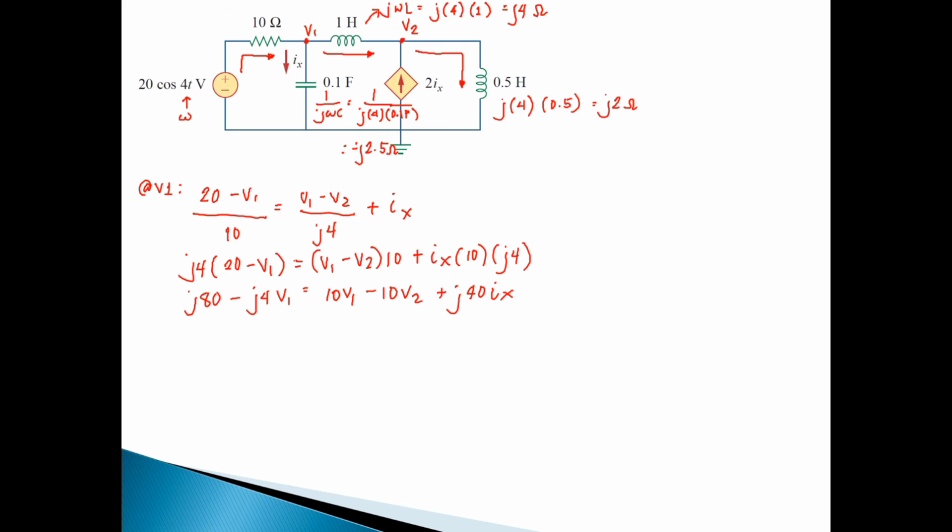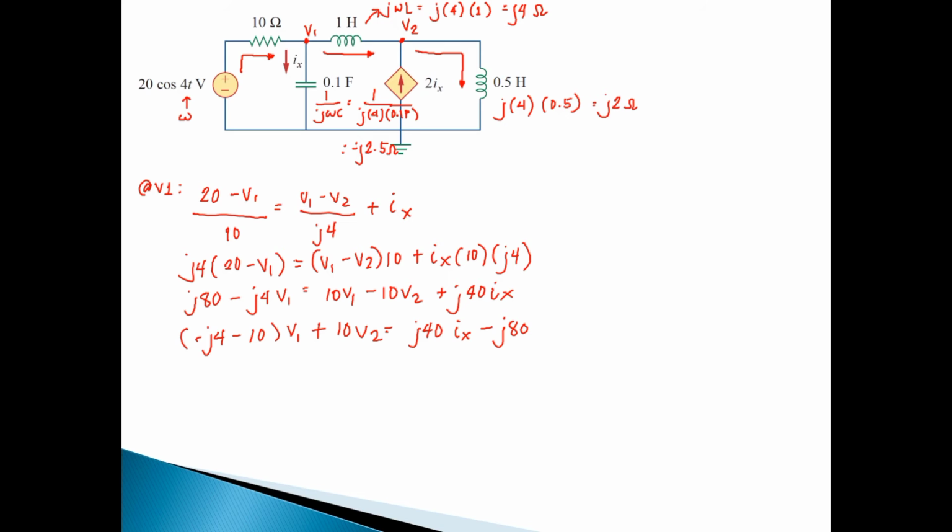So let's transpose the V1 and V2 to the left side. We'll have (negative j4 minus 10) V1 plus 10 V2 equal to j40 Ix minus j80.